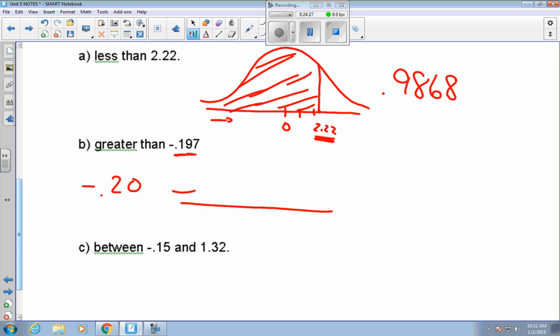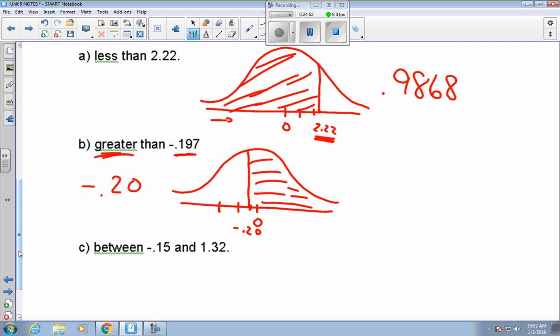Then we draw another curve. 0, 1, 2. Negative 0.20 is approximately here. But now be very careful. Some of you had problems with this on the test. If you're greater than, no more than, less than, this is greater than. So that means I'm looking for this portion of the curve.